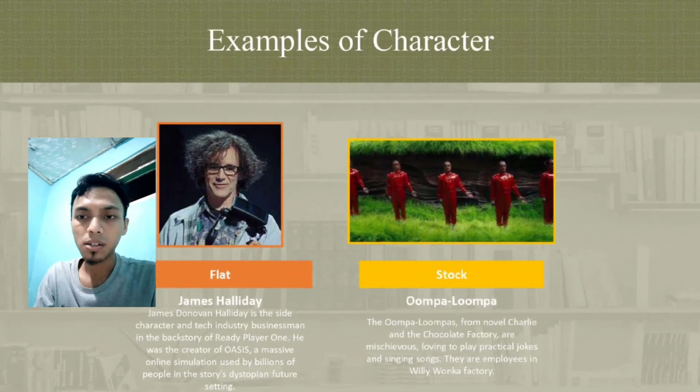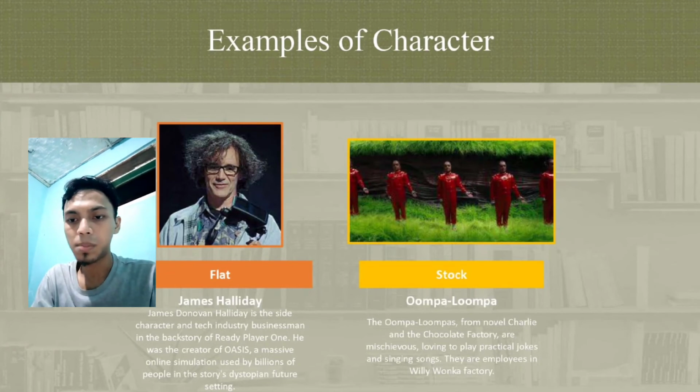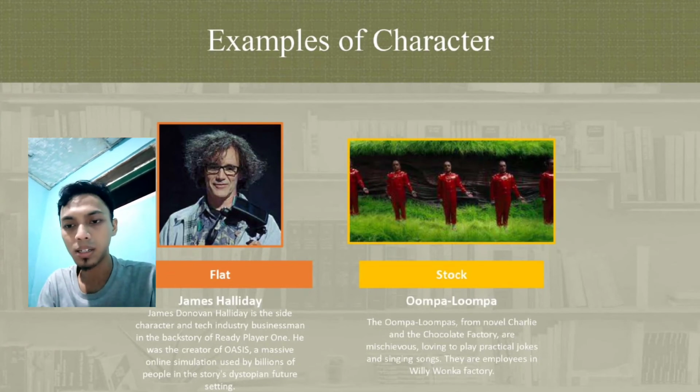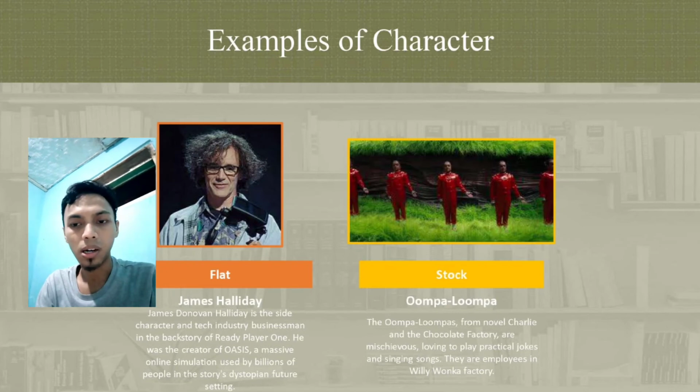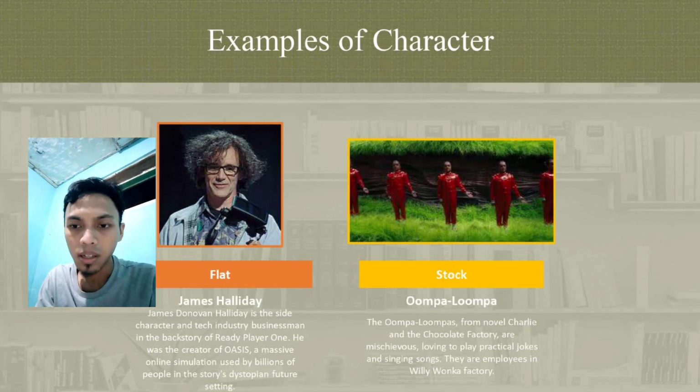So these are the examples of the characters themselves. The flat character is James Halliday from the novel Ready Player One. James Donovan Halliday is a side character, a tech industry businessman in the backstory of Ready Player One. He was the creator of the Oasis, a massive online simulation used by billions of people in the story's dystopian future setting.